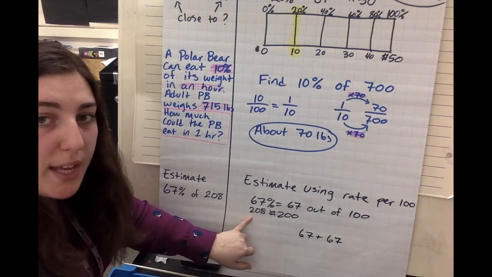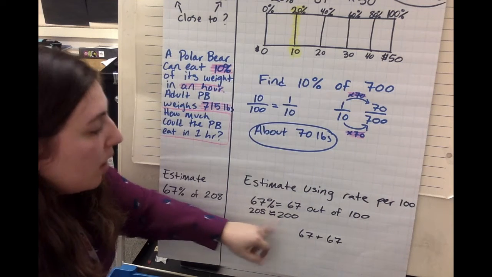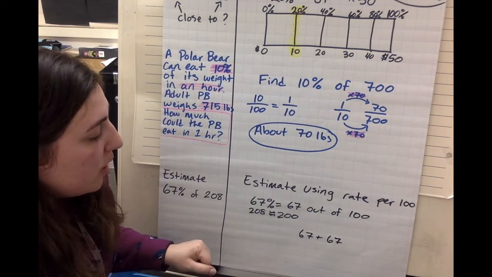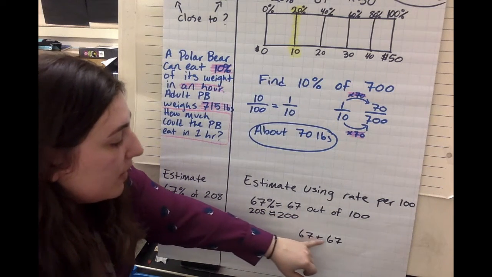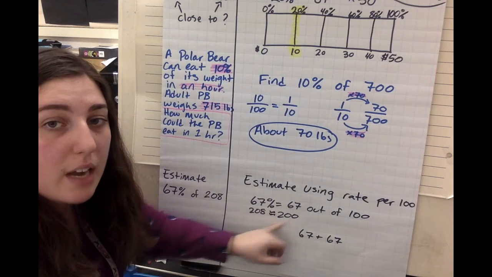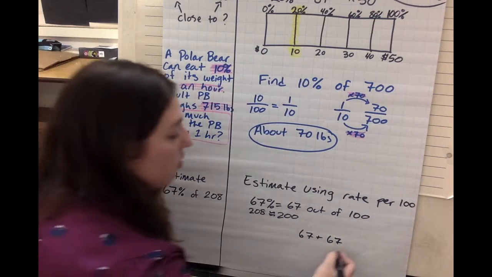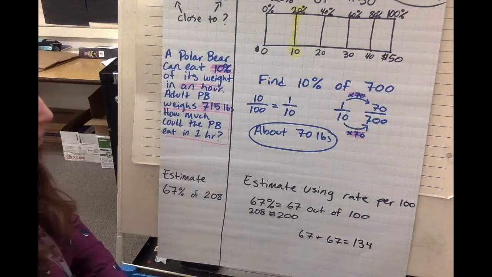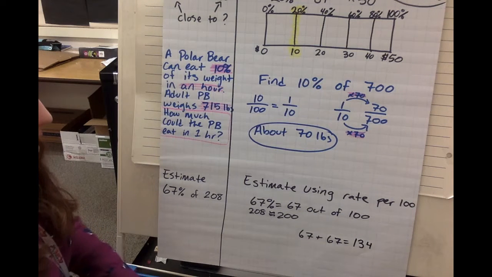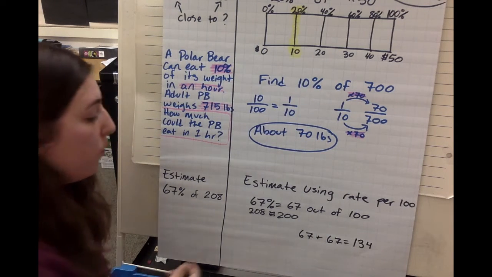We rounded that 208 to 200. So 67% of 200. This is 67 per 100 and 67 per another 100. That takes care of both of our hundreds. So now we can just add them up. So 67 plus 67 is 134. Okay, so 67% of 200, or of 208, is about 134.